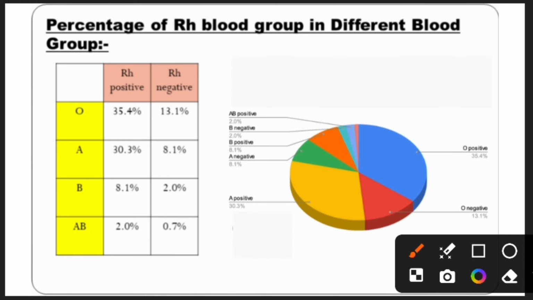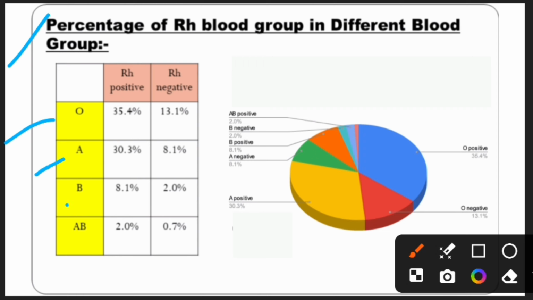In this slide is the percentage of positive and negative Rh blood groups in the different ABO blood groups. Among the people, Rh positive O blood group is 35.4% and negative is 13.1%. In the A blood group, there is 30.3% positive and 8.1% negative.